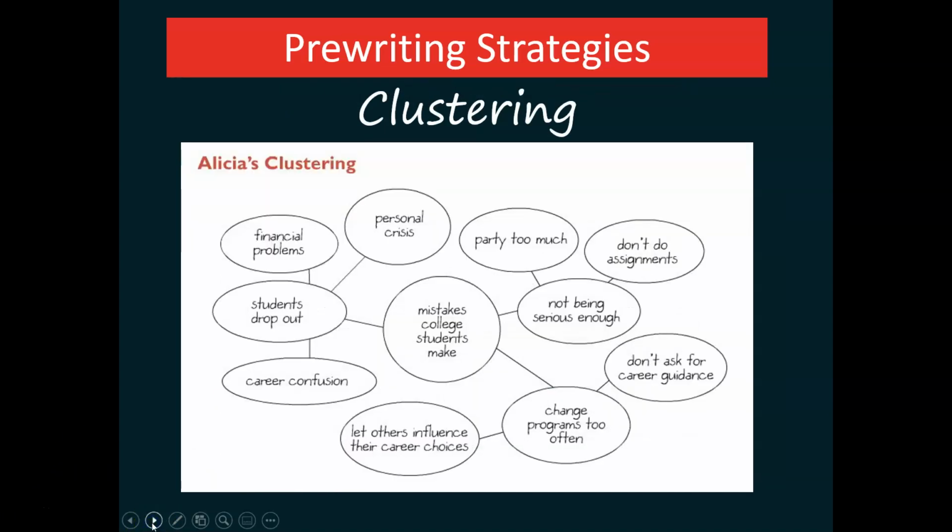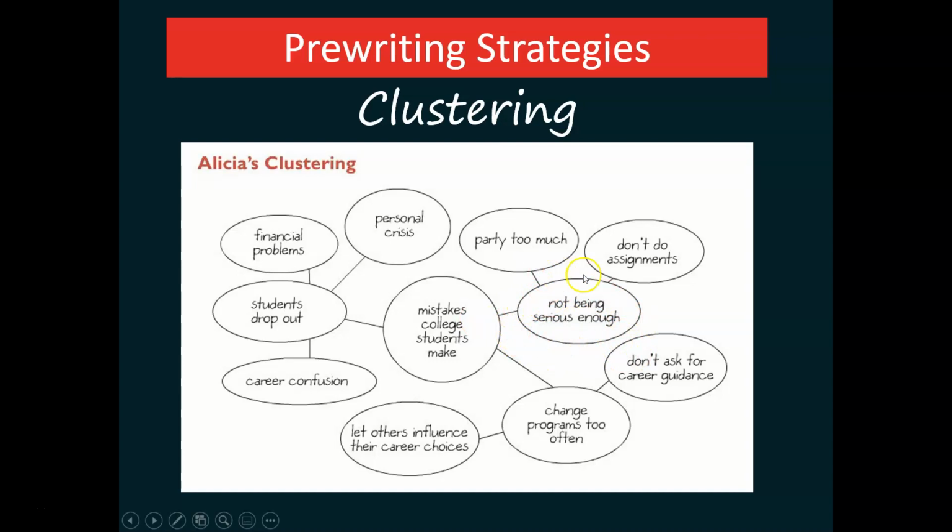Another type of free writing is clustering. In clustering, this is a good strategy for people who have a very visual way of thinking, like if you like art or design or maybe engineering. You put your topic in the middle. Then outside, you draw a line and connect it to another topic.